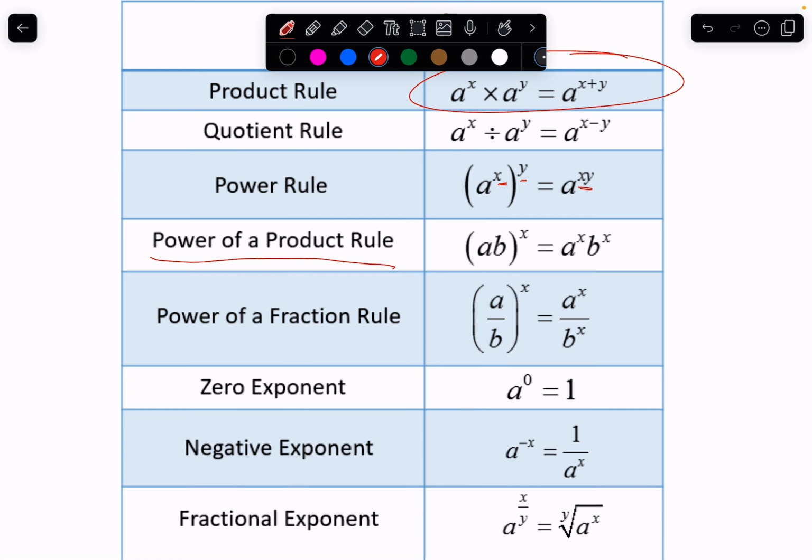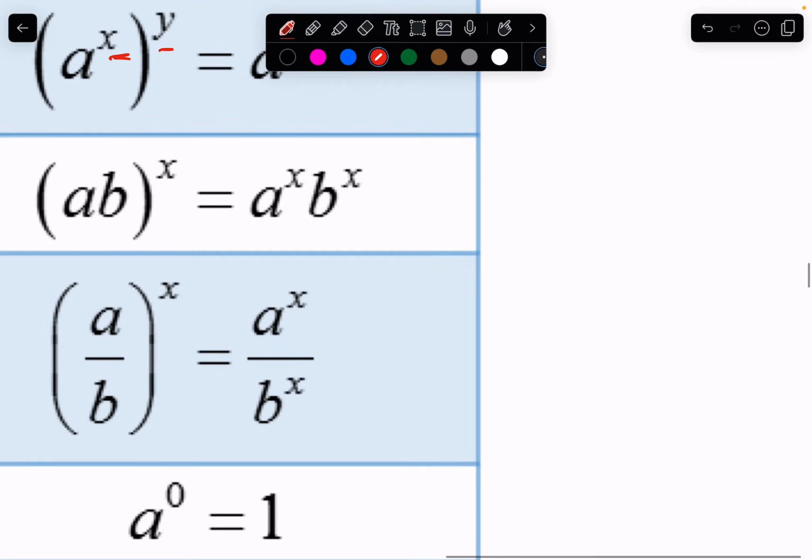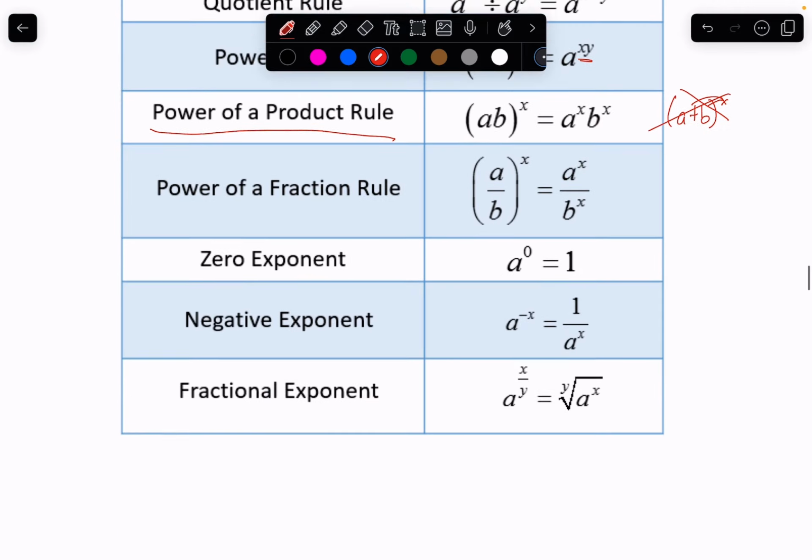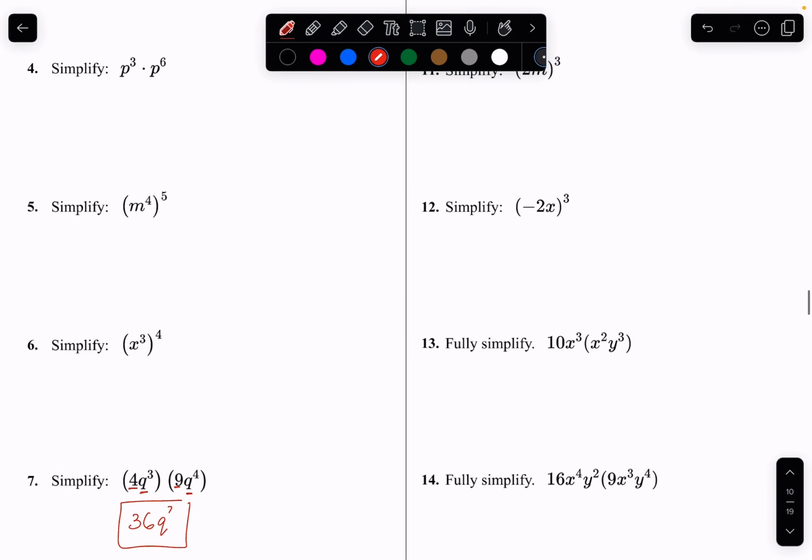Now, one thing I want to point out is this rule only applies when things are being multiplied on the inside. If you have two things being added, you cannot distribute that. That does not work, okay? And we'll do problems like that later. But you can only distribute the power like this when things are being multiplied on the inside.